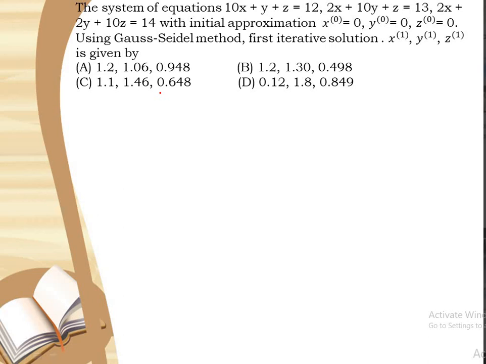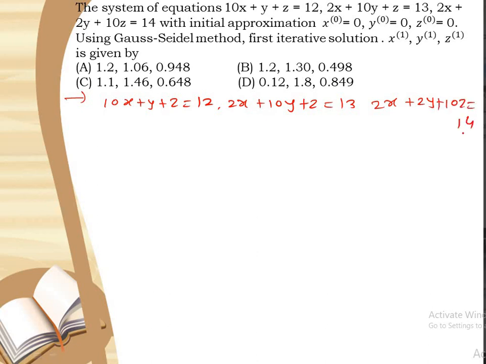So here we have to use the Gauss-Seidel method. First we have to write the given equations. The given equations are 10x plus y plus z equal to 12, 2x plus 10y plus z equal to 13, and 2x plus 2y plus 10z equal to 14. Okay.